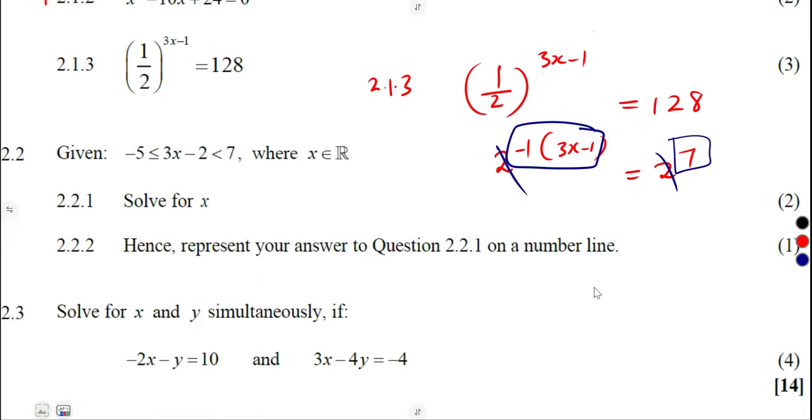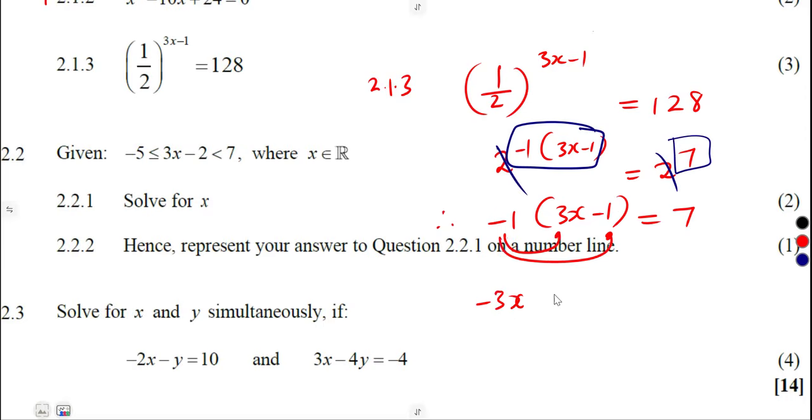Remember, when the bases are the same, the exponents will automatically be the same. So it means that negative 1 times the bracket of 3x minus 1 is equal to 7. That's a linear equation that we have now. So you can solve for x, either multiply by negative 1 or divide by negative 1. It is in your hands. You can choose to multiply by negative 1. That's negative 3x.